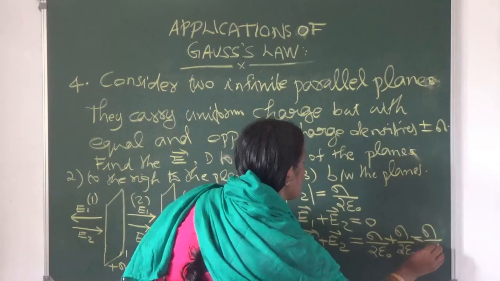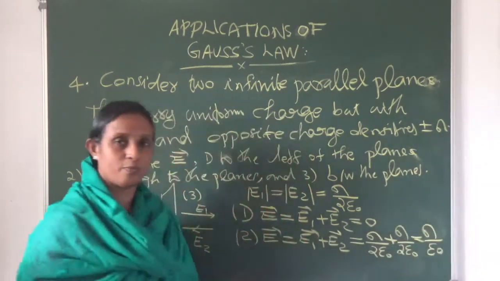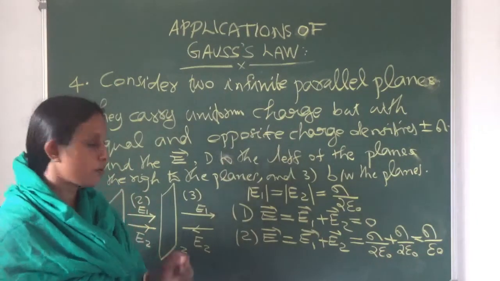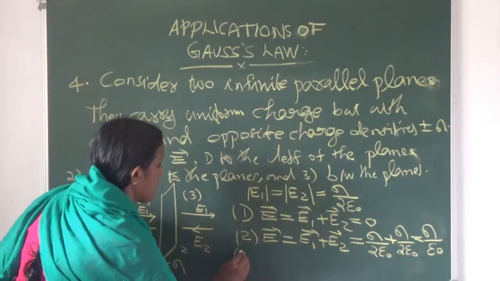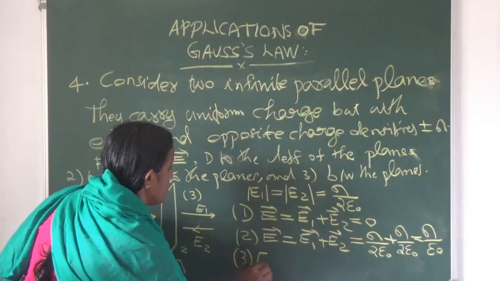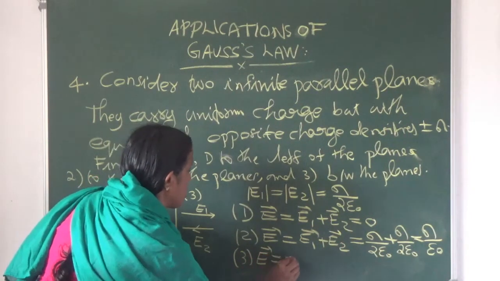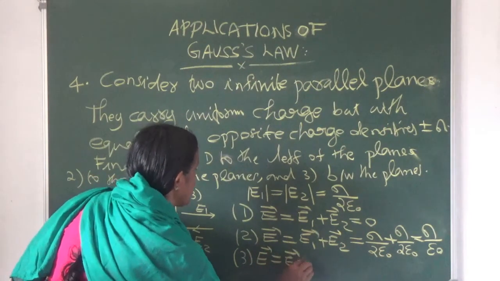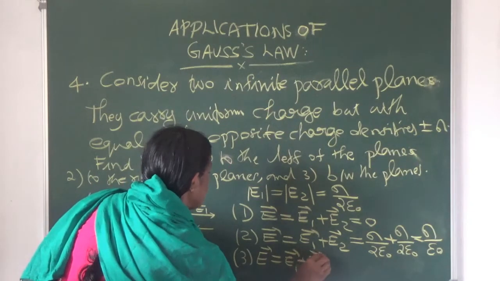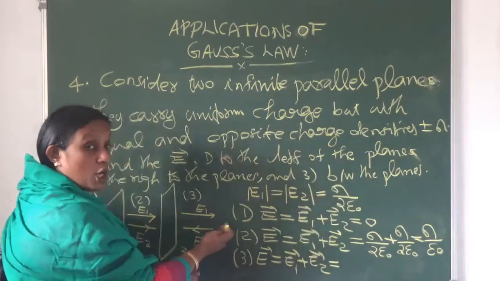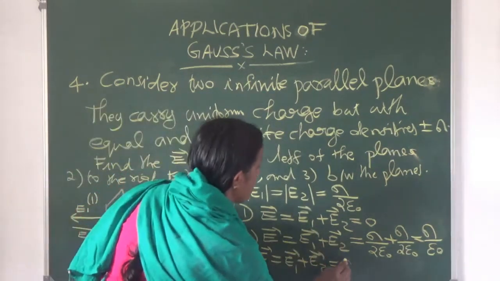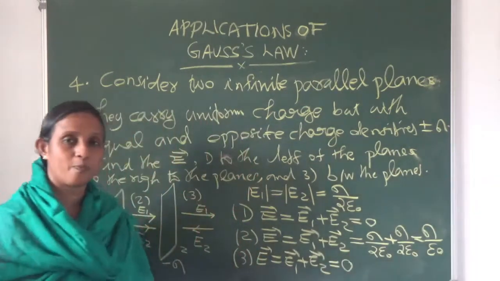This gives you sigma by epsilon 0. At the same time, in region 3, the electric field is equal to E1 plus E2. But this time, both are equal and opposite. So you get 0.